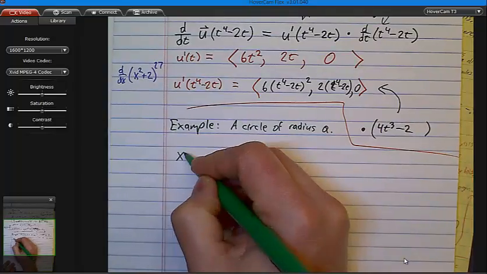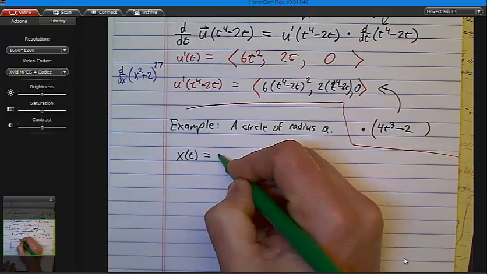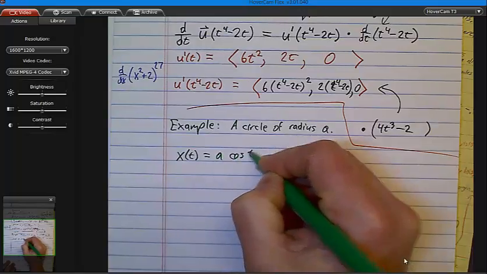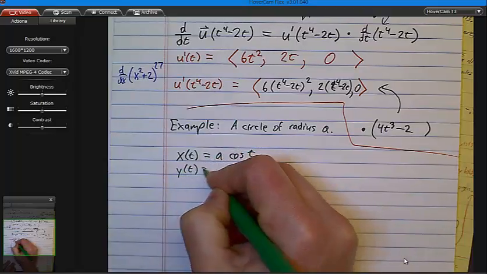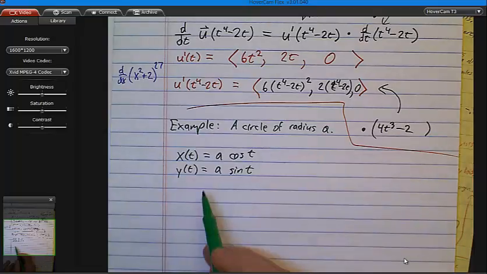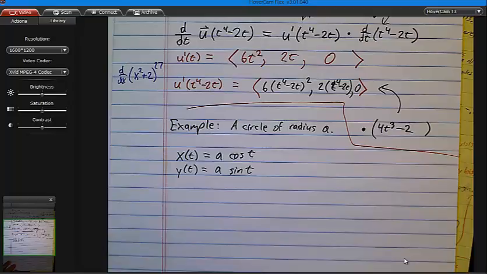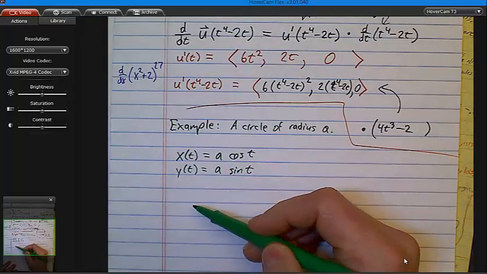So if I say x of t is a cosine t, and y of t is a times the sine of t, you guys know enough trig to know that's going to give me a circle of radius a? If you don't believe it, what's x squared plus y squared?